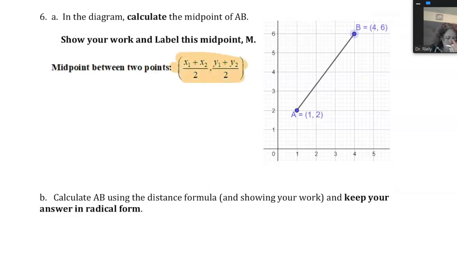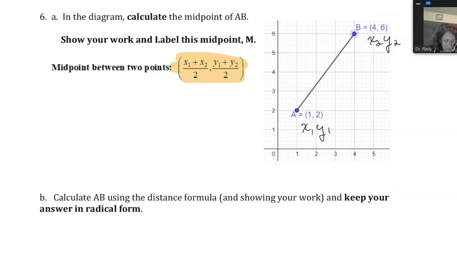So since I have x1s and x2s, I'm going to label my x's accordingly. And I would highly recommend that you label your x's as well. So I had labeled mine x1 and y1 and x2 and y2. Now you can change the order as long as you have x's with y's and the numbers match.